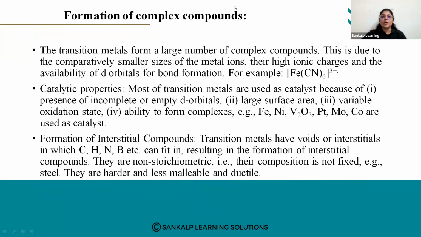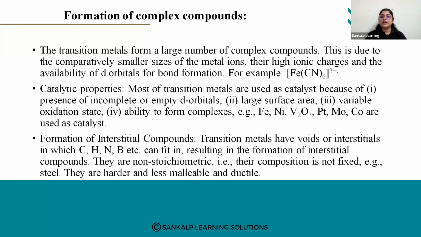Next is formation of complex compounds. So the transition metals, they form a large number of complex compounds. Why? Because of comparatively smaller size of the metal ion. As you know, across the period, what will happen to atomic size? It goes on decreasing. So because of the smaller size, the transition metals form a large number of complex compounds.